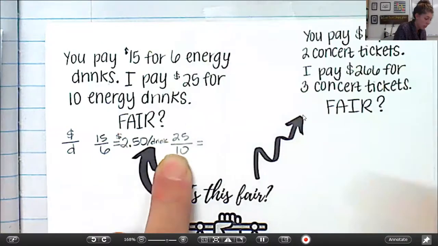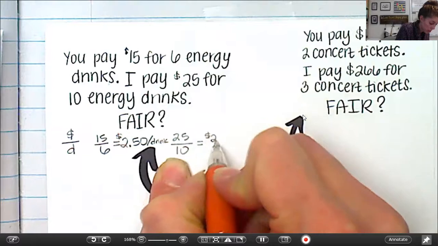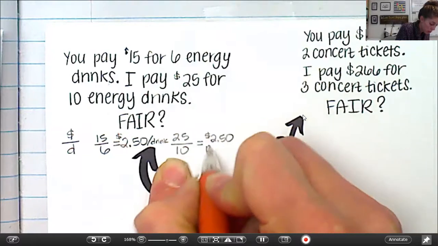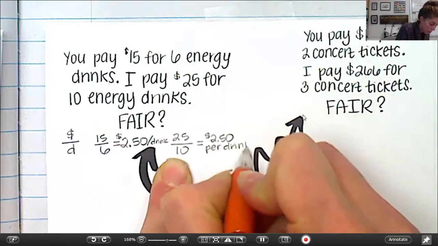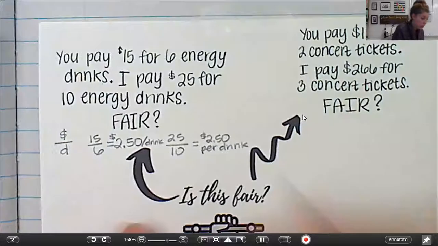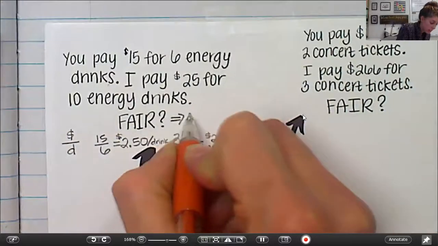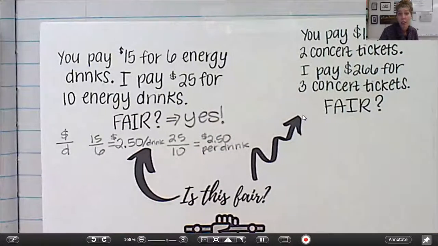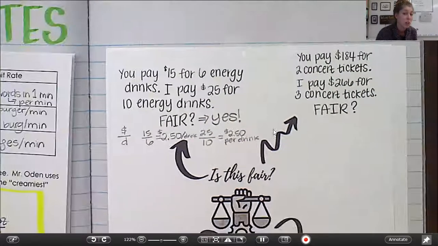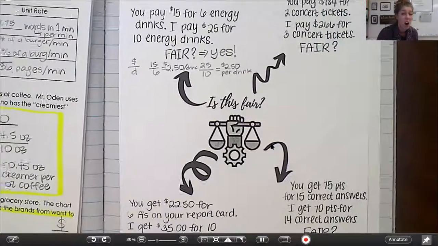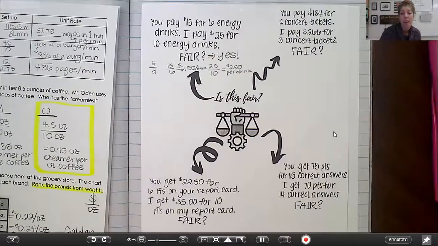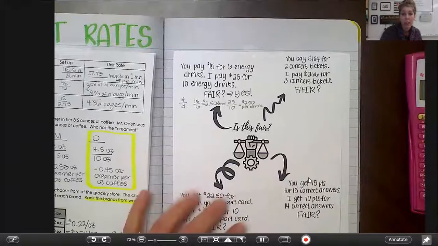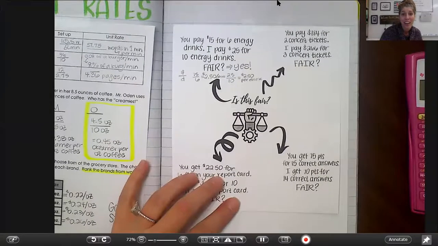Also paying $2.50 per drink. So this situation is fair. Yes, it is fair. There will be some situations that you look at that are not fair and some that are, and it's your job to determine which is which, okay?